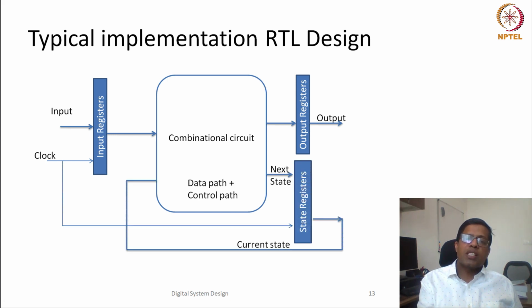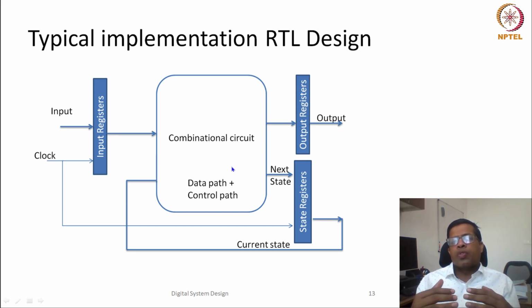These state registers determine what the current state is and what the next state is, and they also have their own control logic. There would be logic deciding what the next state would be, and that logic is also part of this combinational circuit.